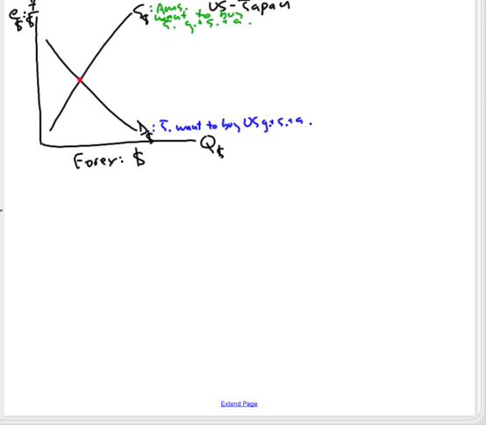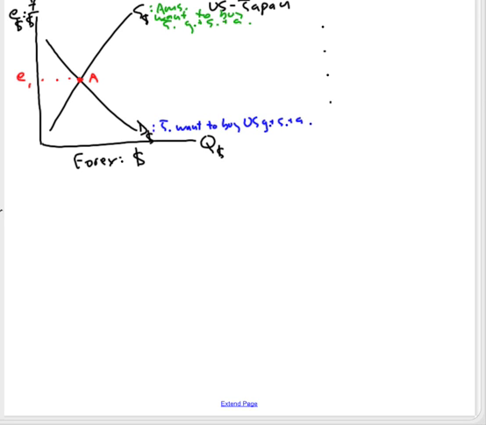We start out at point A at some original exchange value of the dollar. So now what we want to know is what will shift these curves, what will shift the value of E. And there are four things that we want to concentrate on right now.